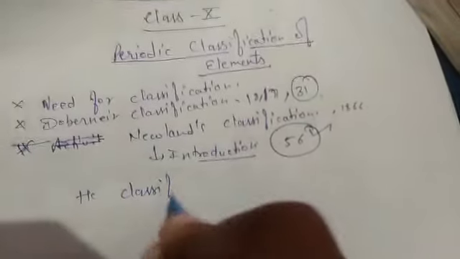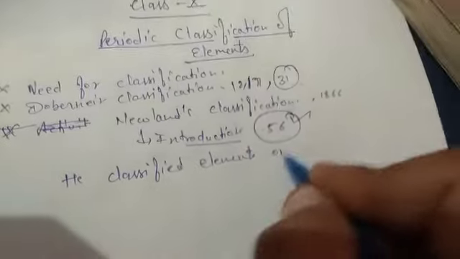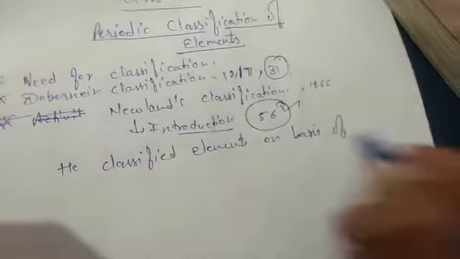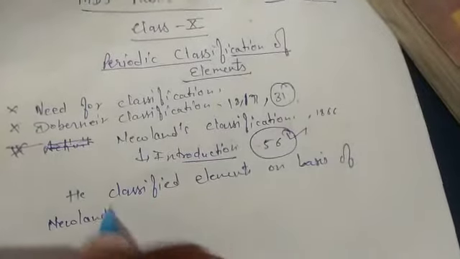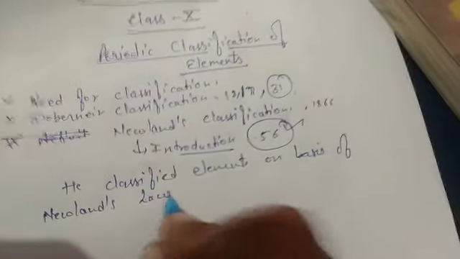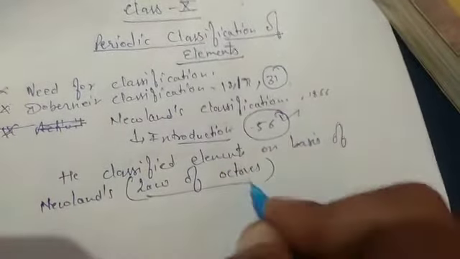So he classified elements on the basis of Newlands' law of octaves, the famous law of octaves. On the basis of the law of octaves, he actually classified. What is the law of octaves?